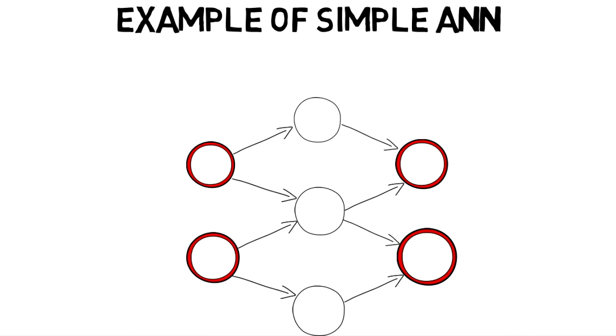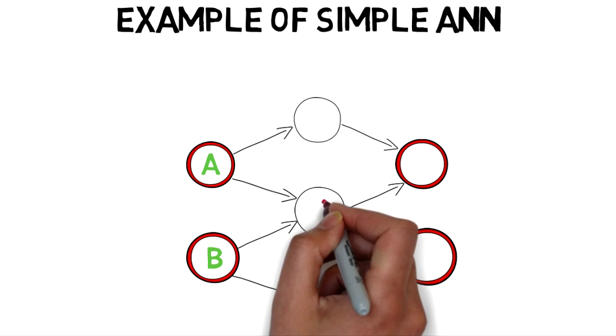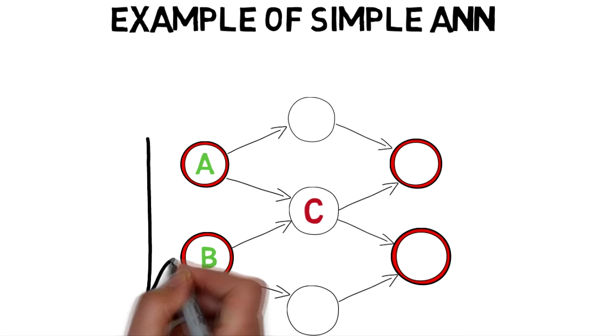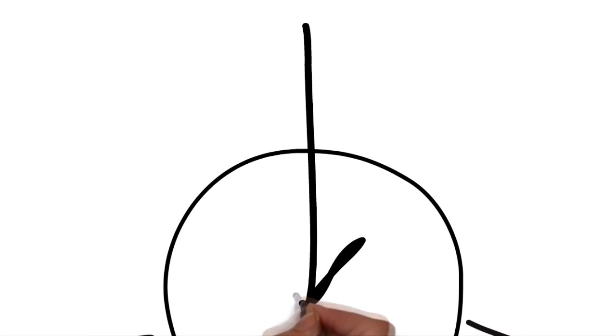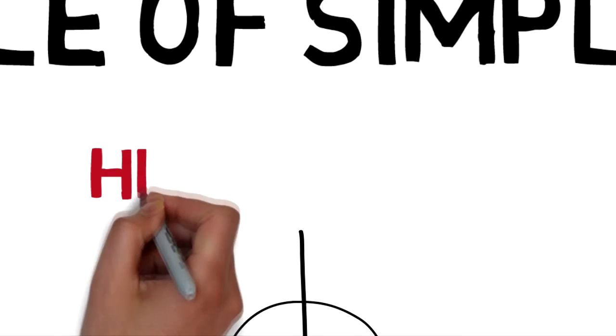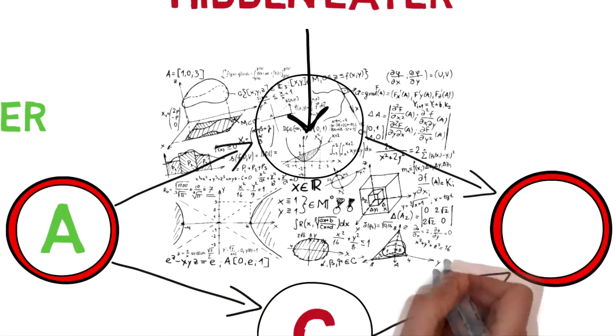For example, here we have A and B for the input layer. Then on the hidden layer, there is some mathematical process, formula, or even function in each node.